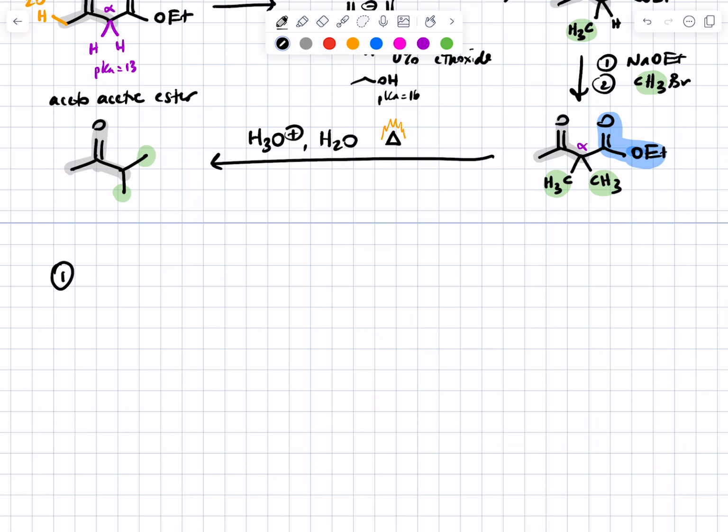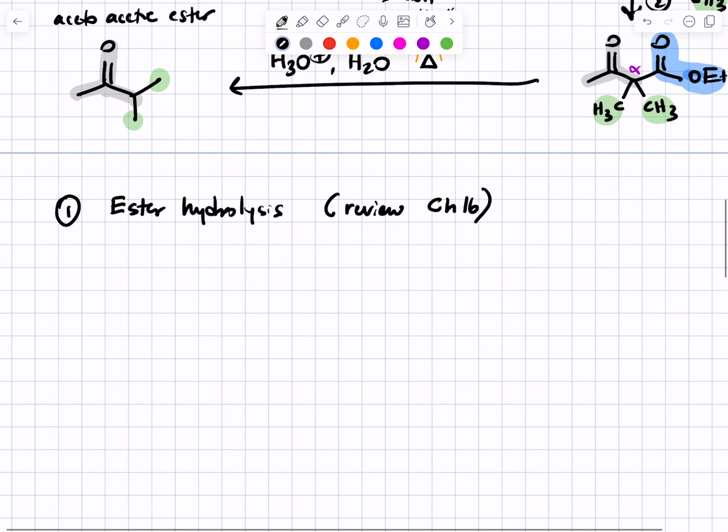The first is what you expect to happen when you put an ester in an aqueous acid, and that is acid catalyzed ester hydrolysis. I'm not going to show you the mechanism of that today because that is a mechanism that you learned in chapter 16.